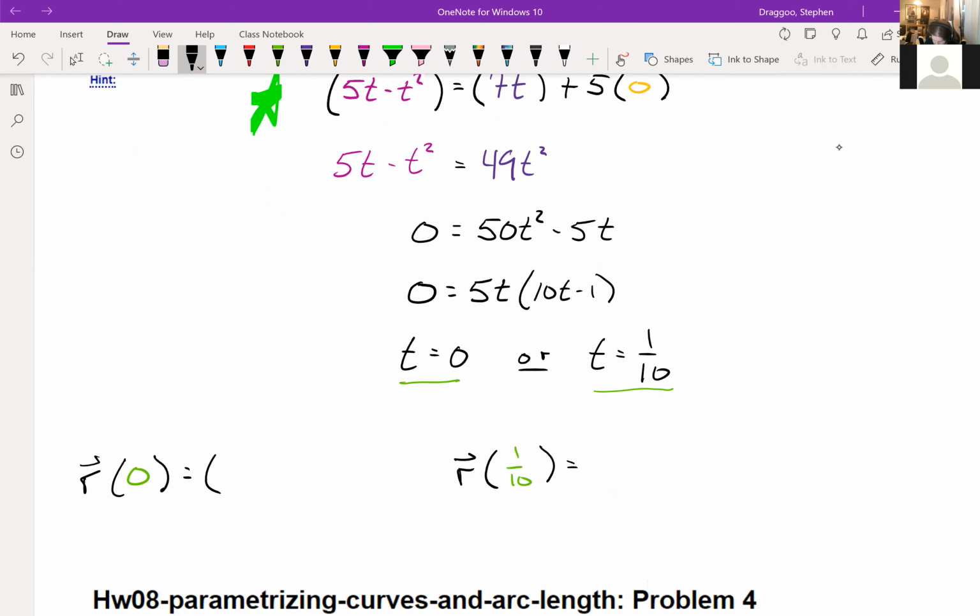These are points, so I'll write them as points rather than vectors. Plugging in 0, I get 0, 0, 0.